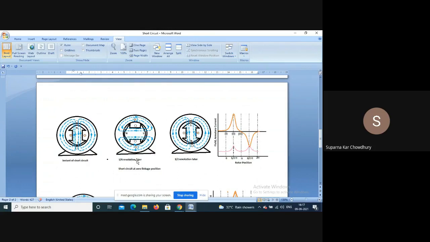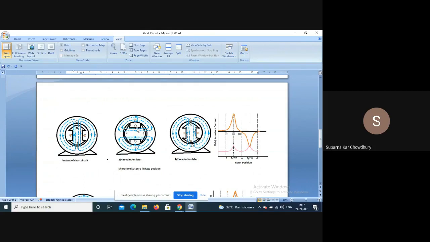Now, just after one-fourth revolution, I am considering the anti-clockwise direction as positive, so the north pole will come here. North pole is here, south pole is here.